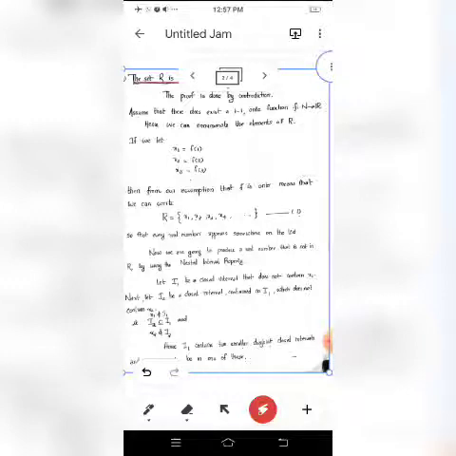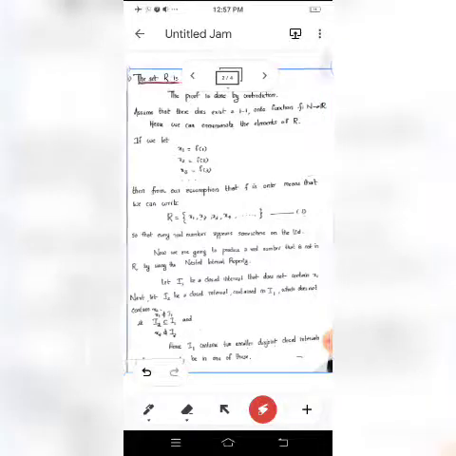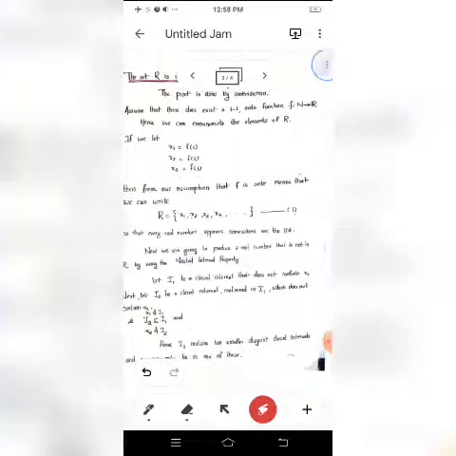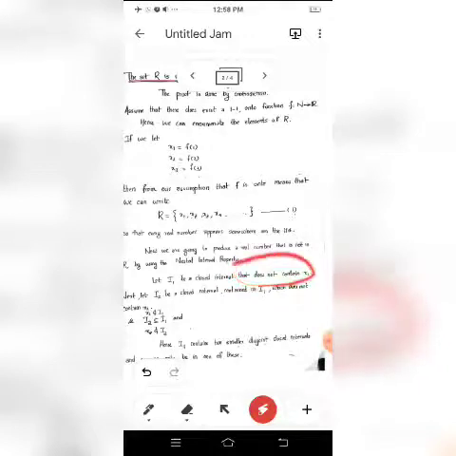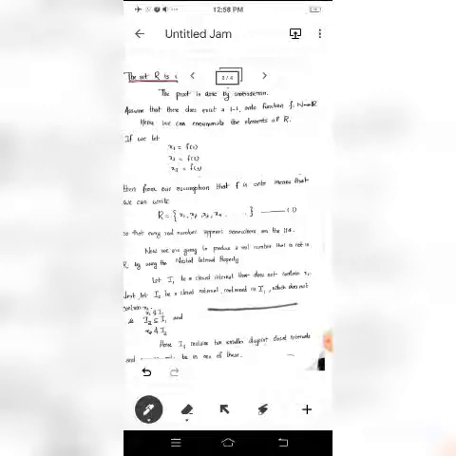So let I1 be a closed interval that does not contain x1. This will be I1, and it does not contain x1. It means x1 is out of this set, here or here.